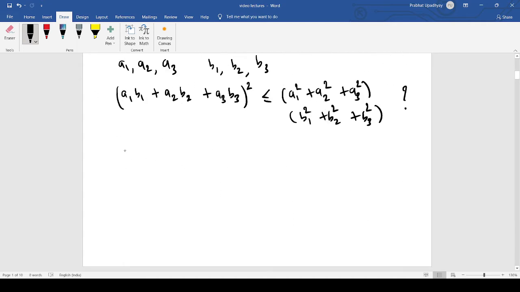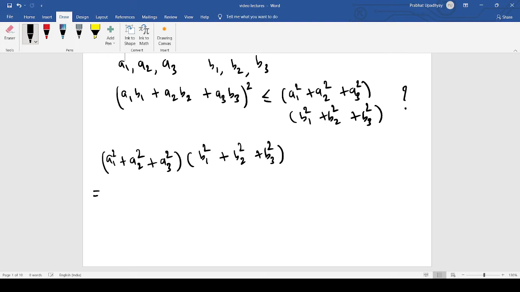Again consider the term (a1² plus a2² plus a3²) multiplied with (b1² plus b2² plus b3²).